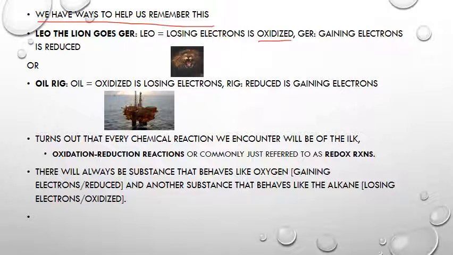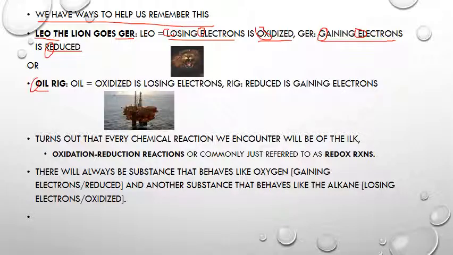So what we have is something's being oxidized and something's reduced. And when something's oxidized, it loses electrons, and when something's reduced, it gains electrons. And we have a couple of mnemonics that help us remember that. We have Leo, the lion, goes grrr. Leo: losing electrons, oxidize. Grrr: gaining electrons, reduce.